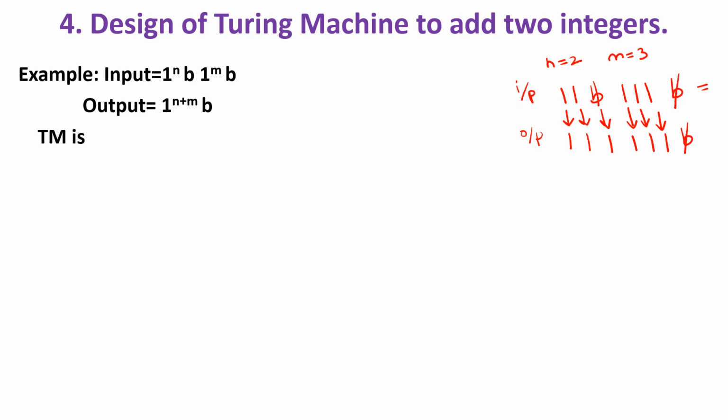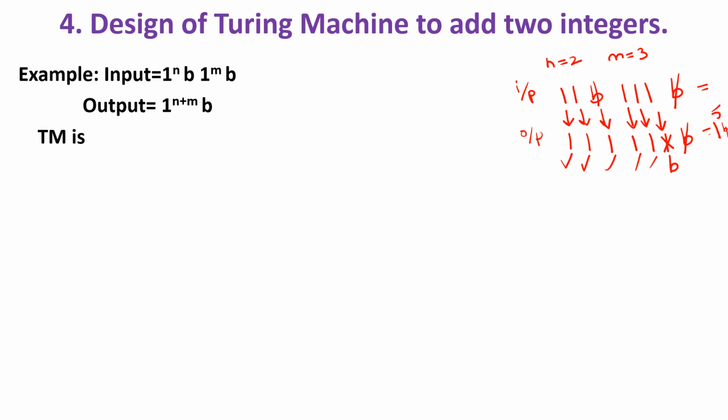Once you come across a blank, move towards the left and replace the extra 1 by a blank. So finally, we are left with 1, 2, 3, 4, 5, 5 number of ones followed by a blank.